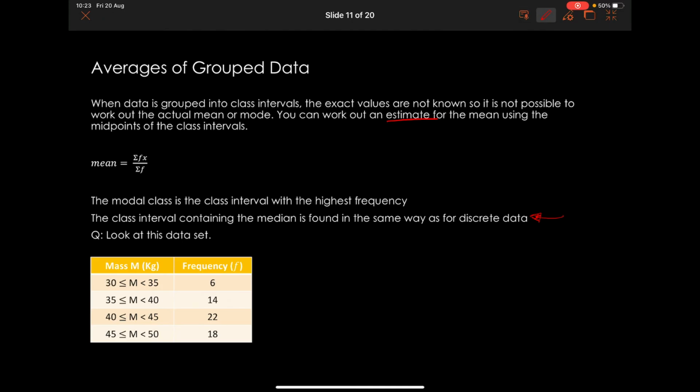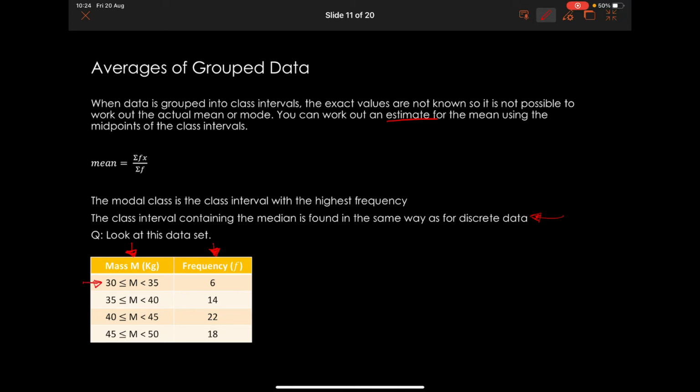So here is a data set. Basically this is telling us some weights of something. This might look a bit confusing to you, but then it's telling you how many times it occurred. So something was weighed. Maybe people were weighed, maybe children because it's quite low, or very thin people.